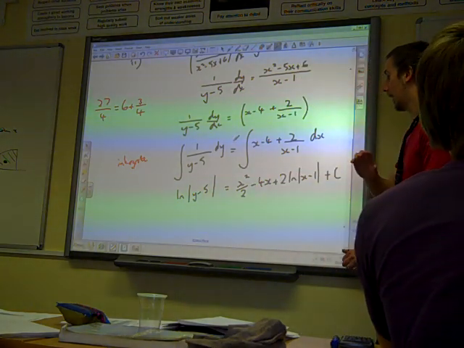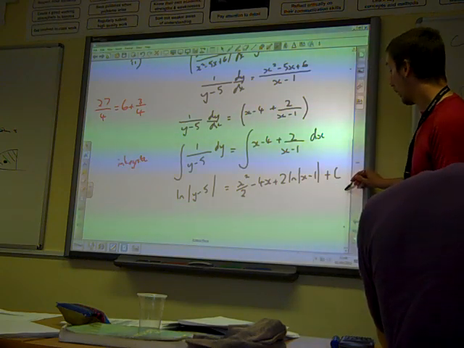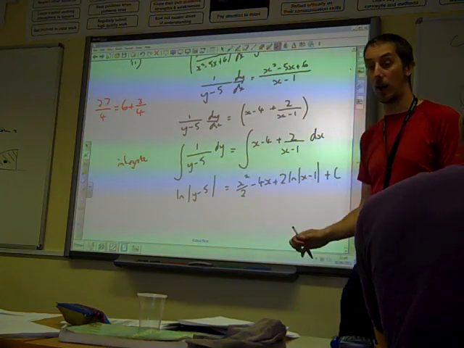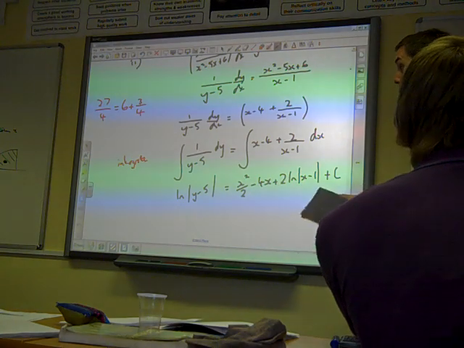Right. This will do as an answer. The question said, find the general solution of the differential equation. We've got it. There is our general solution of the differential equation.